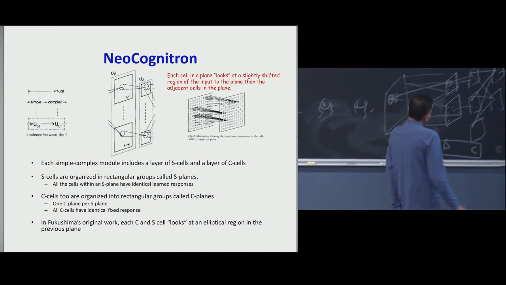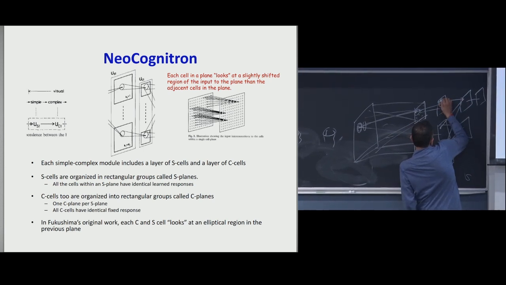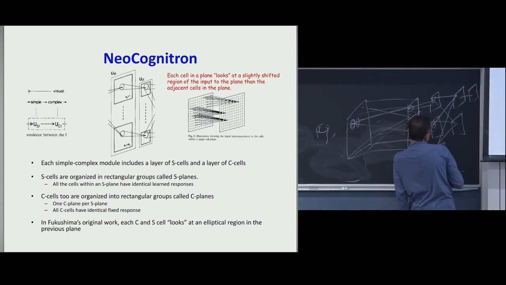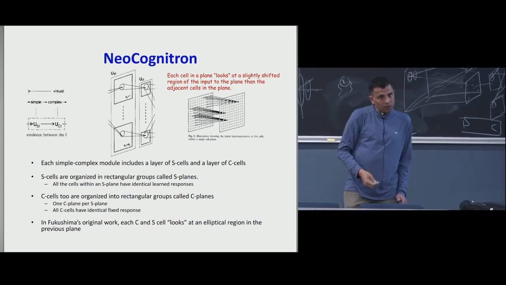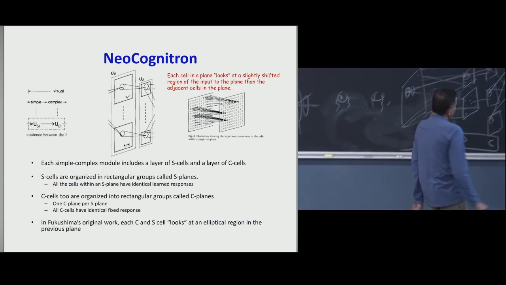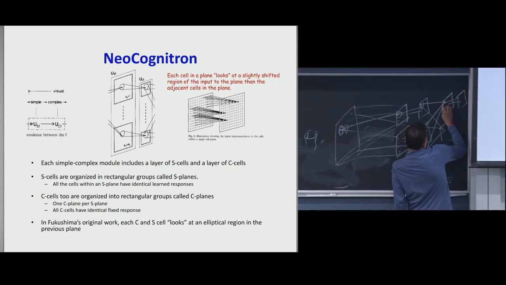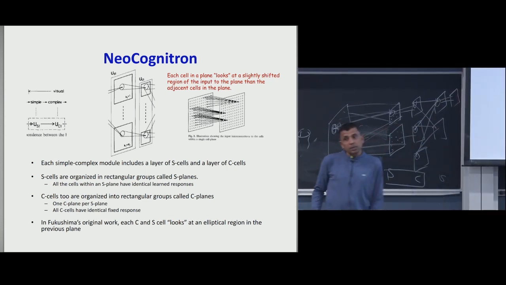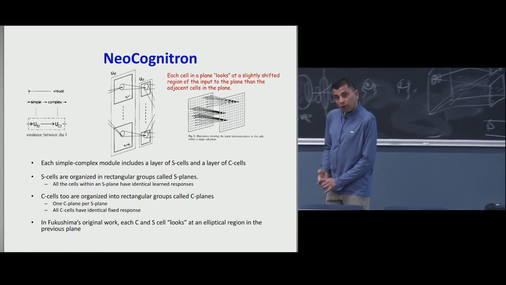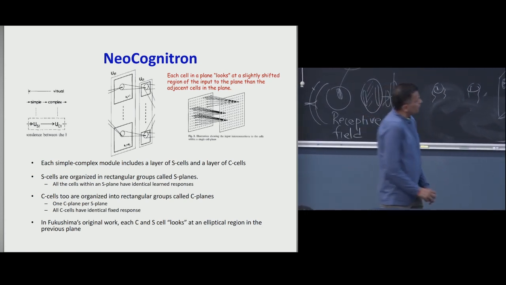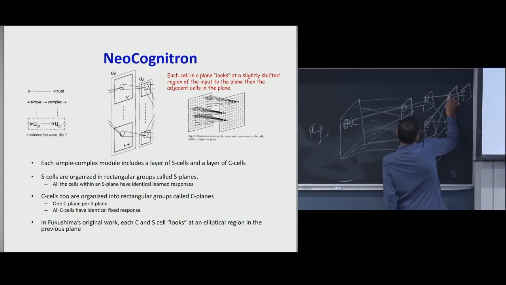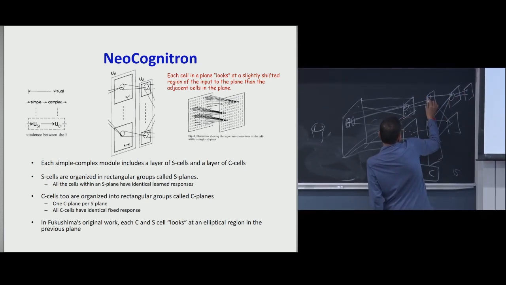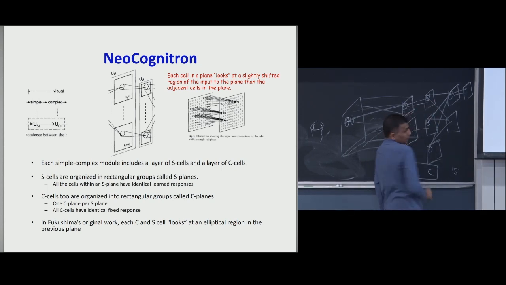And then this one is going to be looking at exactly corresponding elliptical regions on every one of these planes to see if the specific combination of features occur. And then this one is going to be looking at an elliptical region out here. So all of the receptive fields for every single neuron were elliptical. But if you look at the receptive field for this neuron over here, this is an ellipse. Each location here comes from an ellipse over here.